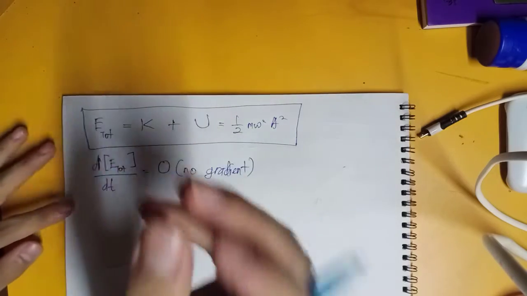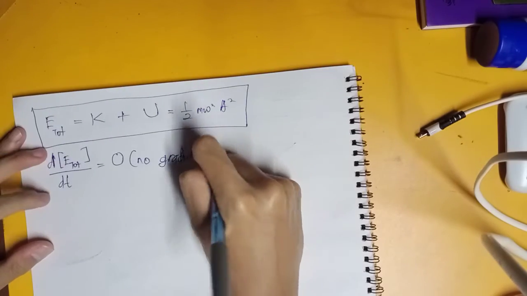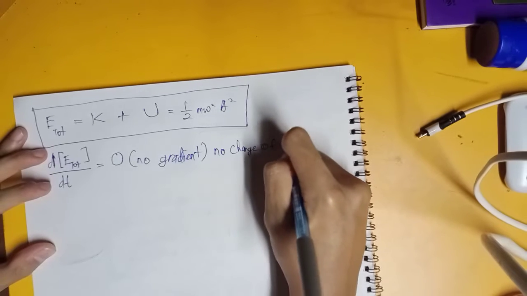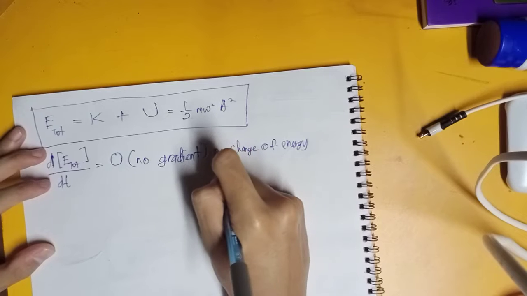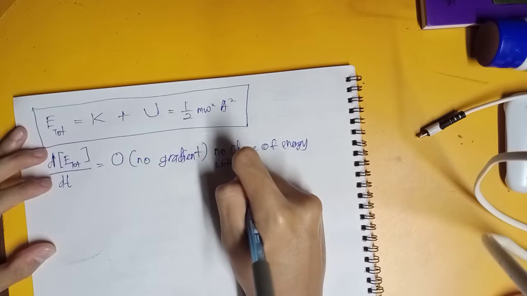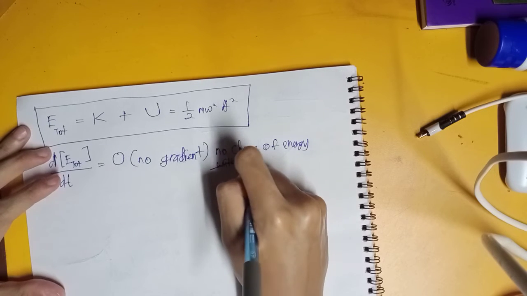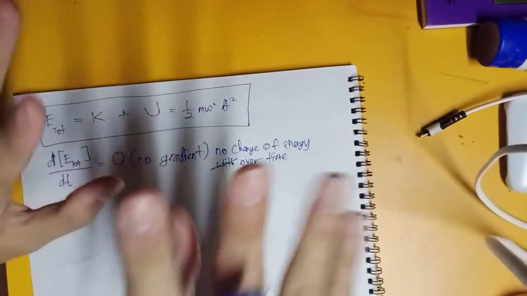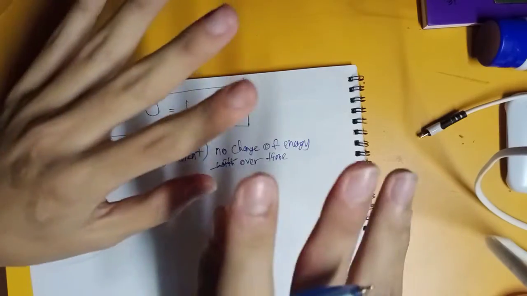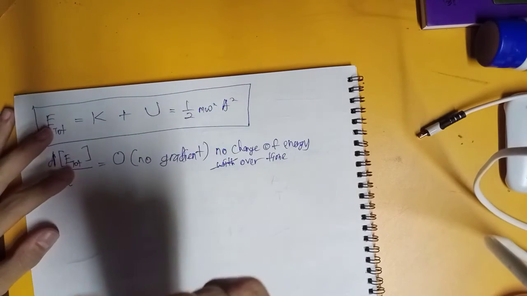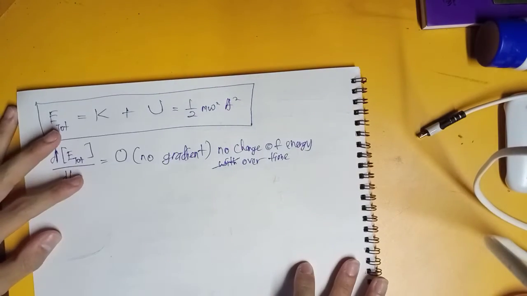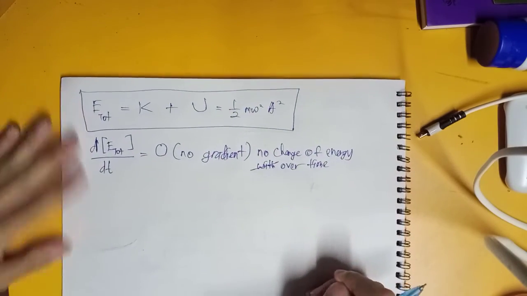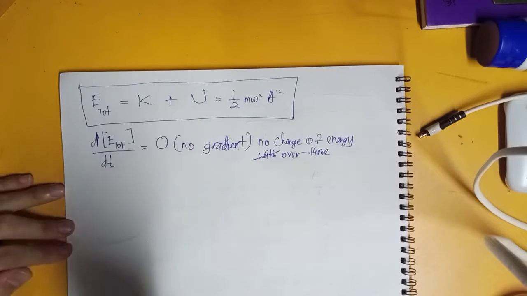There is no gradient, or we call it there is no change of energy over time. So as time passes, the total energy does not change because there is no resistance, which means that the total energy is conserved. That's what it means.